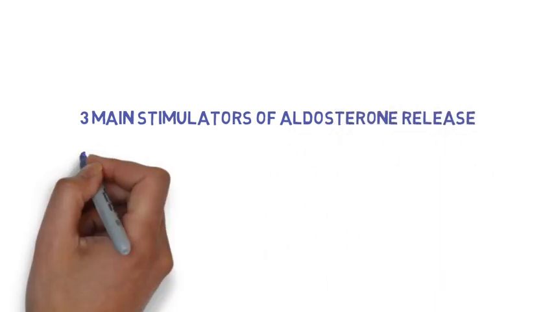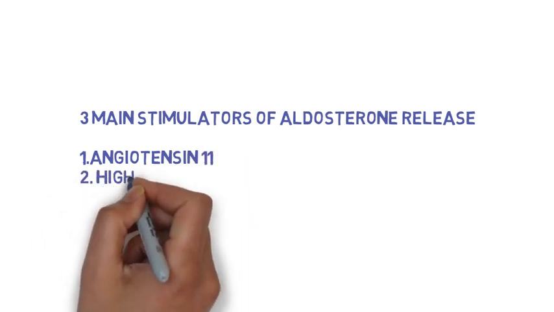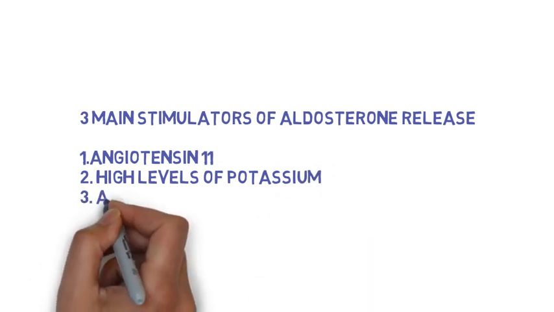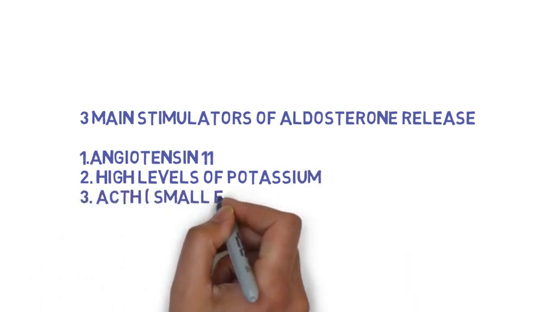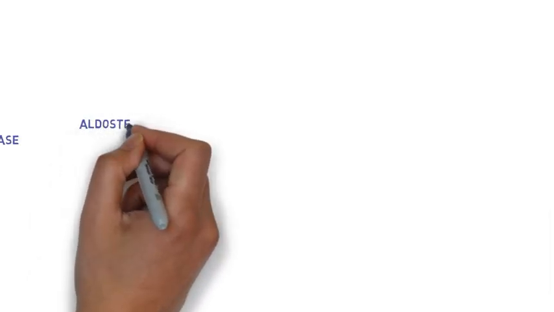Basically, there are three main stimulators of aldosterone release. That is angiotensin II, high levels of potassium, and to a small degree ACTH. But the main things that cause aldosterone to be released are angiotensin II and high levels of potassium.